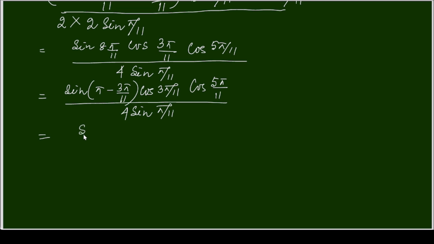This makes sin 3π by 11. Sin(π minus θ) is the same as sin θ. Cos 3π by 11 into cos 5π by 11.